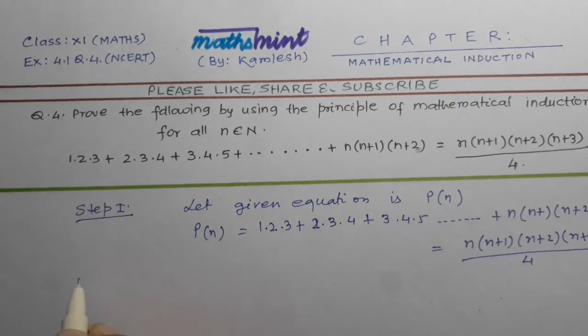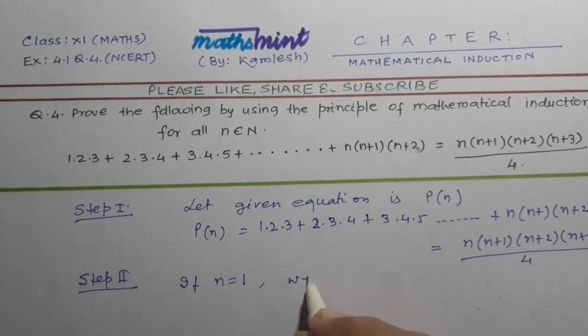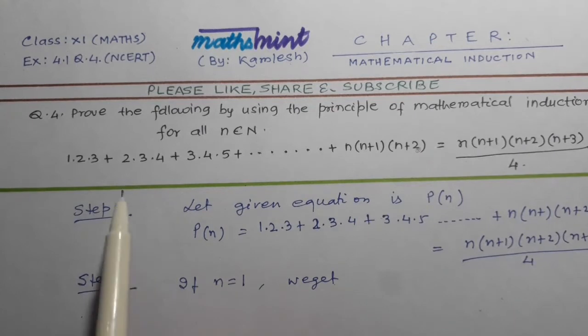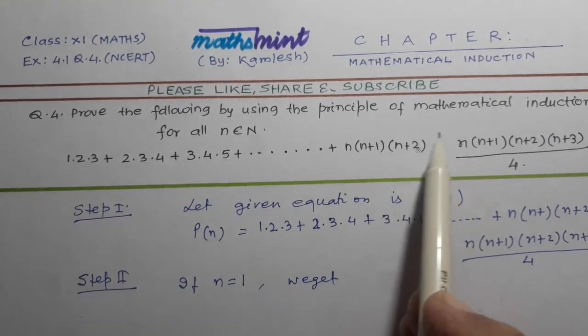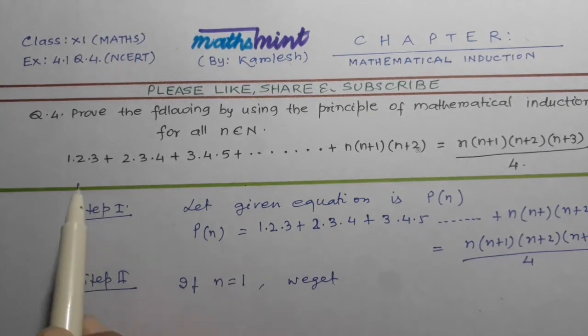And now in second step, step 2, if n equal to 1, we get, since the number of terms is 1, it is 1.2.3.